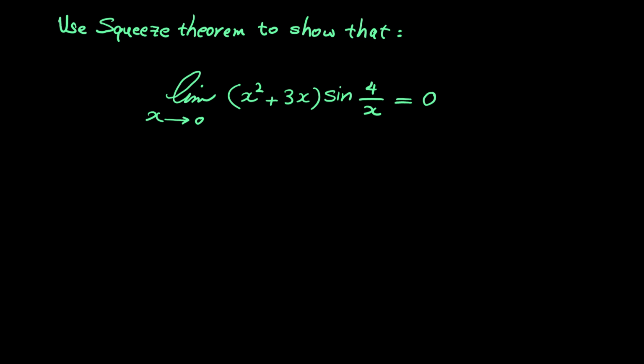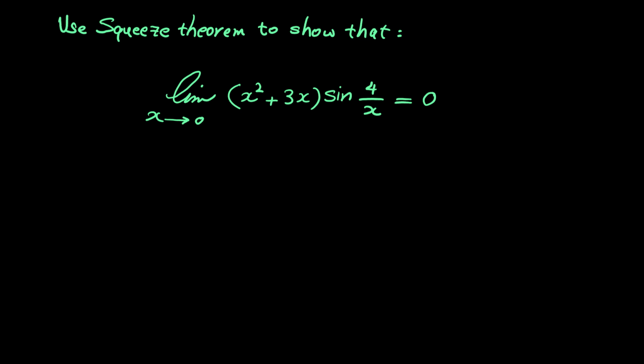For finding these types of limits using the sandwich theorem or squeeze theorem, we start from the part of the limit that involves a trigonometric function. In this case, it is sine. Usually the trigonometric function is sine or cosine.